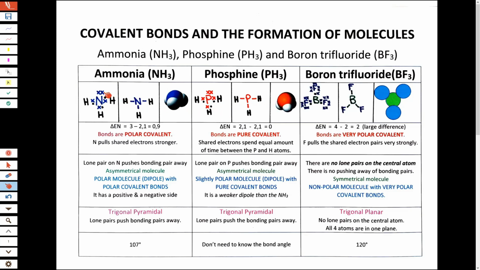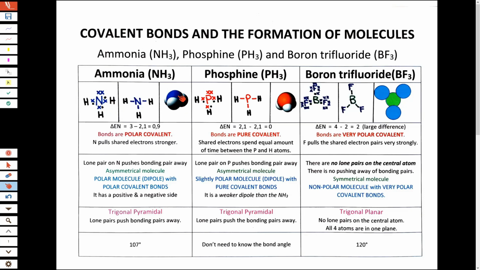I want you to notice that there is 1 lone pair in the ammonia molecule and 1 lone pair in the phosphine molecule. This lone pair pushes the bonding pairs away. So we end up with a molecule that looks like this. The 3 lighter blobs are the hydrogen atoms.